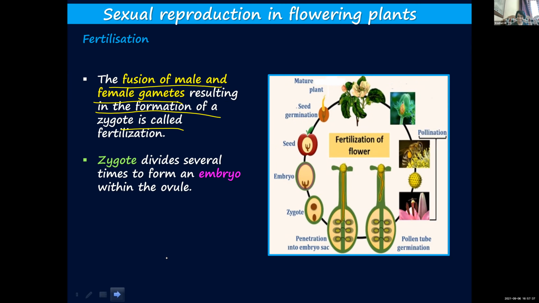That is why we say they are fusing. Upon fusing, 2 different cells will become 1. So zygote is a single cell structure. It is unicellular. In class 8, you have learned differences between zygote and embryo. Zygote is unicellular, embryo is multicellular. Once zygote is formed, it will undergo repeated division and form a multicellular embryo.